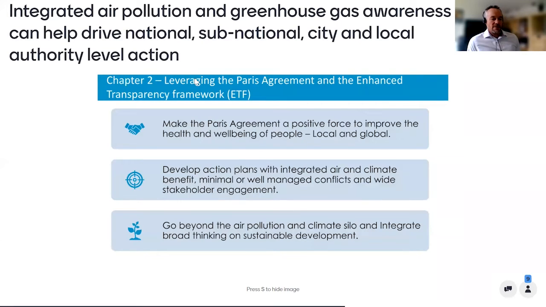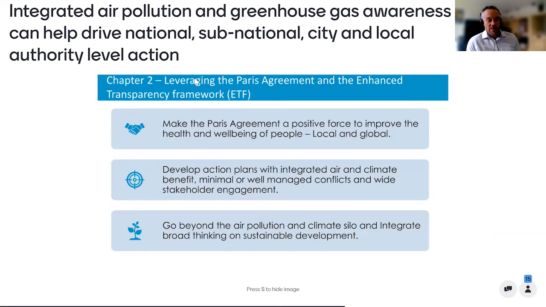And hopefully there's a lot of synergies between taking action on climate change with solving some of the other environmental problems. So from our perspective, we want to make the Paris Agreement a positive force to improve health and well-being of people locally and globally.